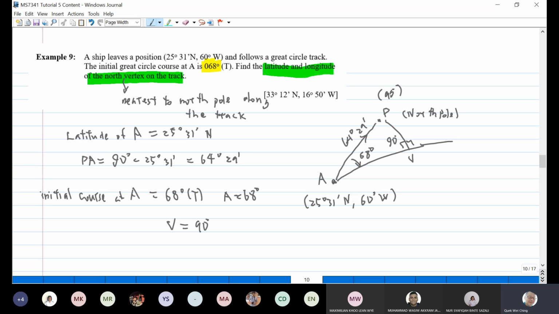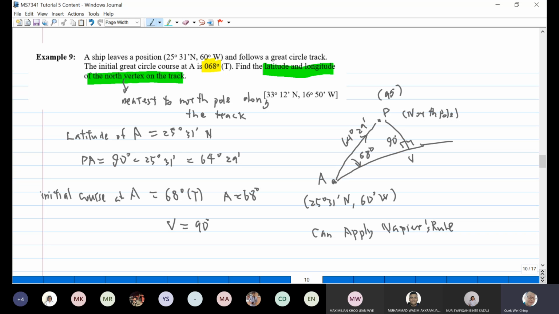So this is a good time to recall what Napier's rule is, because we may have forgotten already, although we learned Napier's rule just recently.